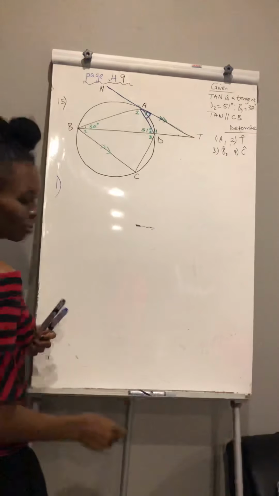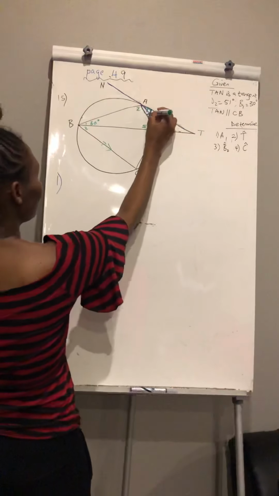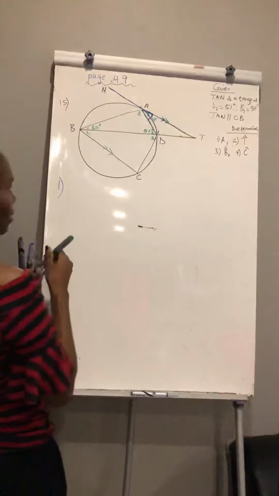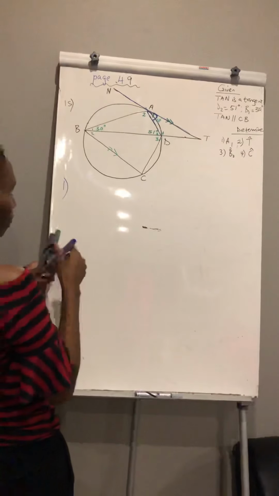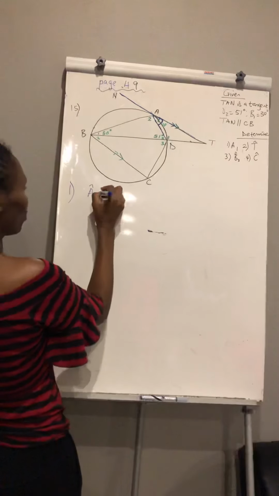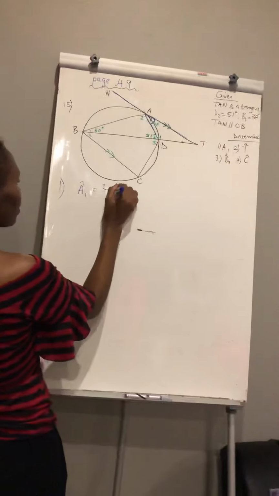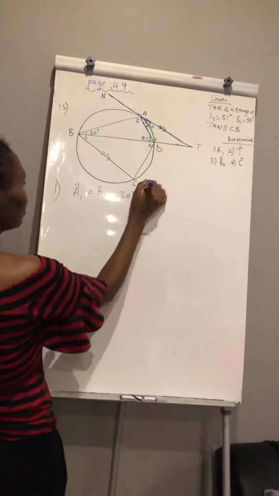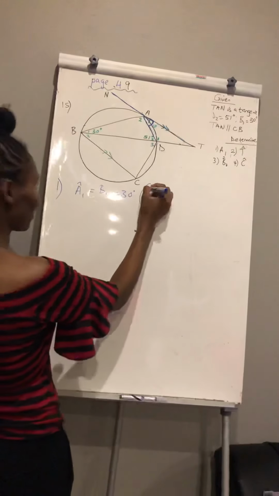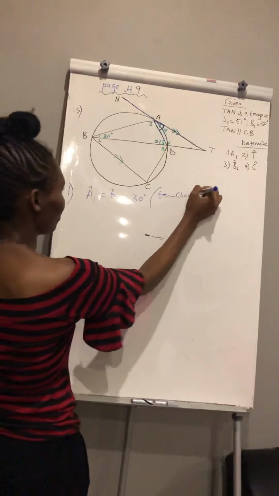So you should also just write it as 30 degrees. So that is A1. You have noticed theorem 7, we usually use it quite a lot. So for the sake of time, I'm going to just write this in a straight line like this.